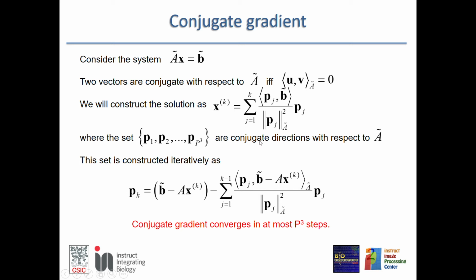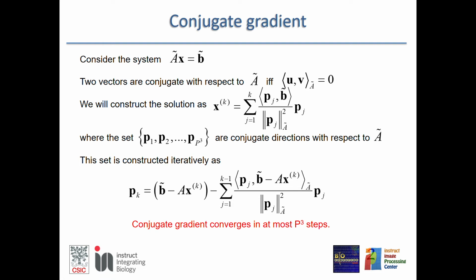These directions are called conjugate directions, and they are constructed following similar ingredients. We recognize here the reprojection error, and this part of the update has the same structure as in SIRT and ART.